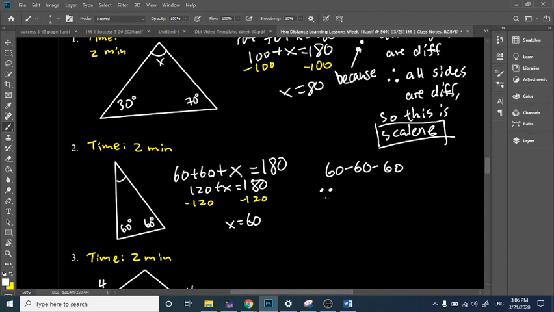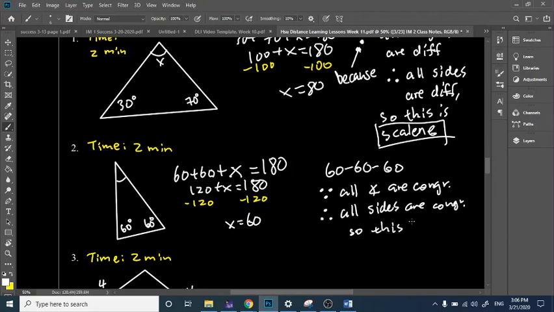So, because all angles are congruent, therefore all sides are congruent. So this is equilateral.